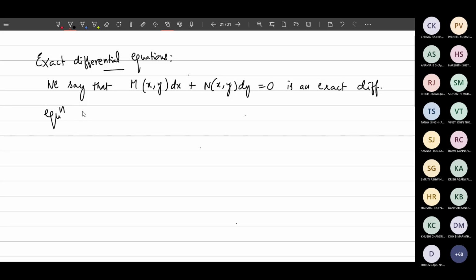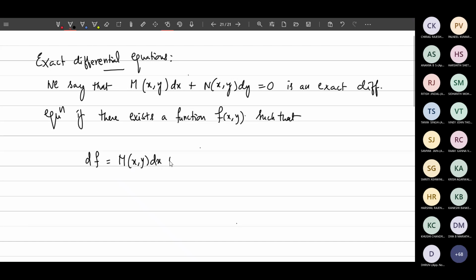if there exists a function f(x,y) such that the differential of this, df, coincides with this function M(x,y) dx plus N(x,y) dy.